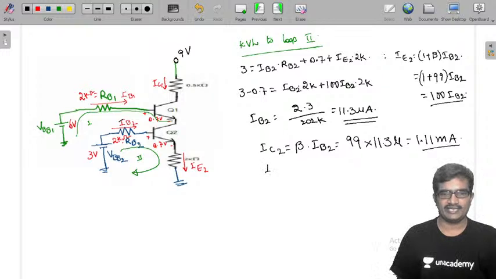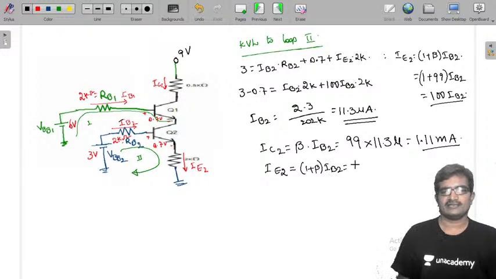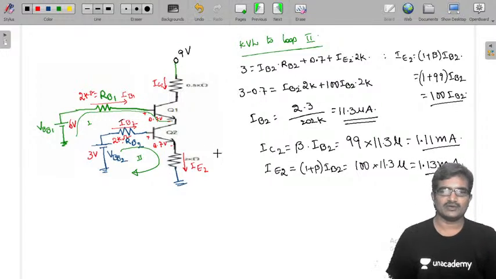And I am going to IE2 also. IE2 is 1 plus beta times IB2, that is 100 into 11.3 micro, which is 1.13 milliamperes.